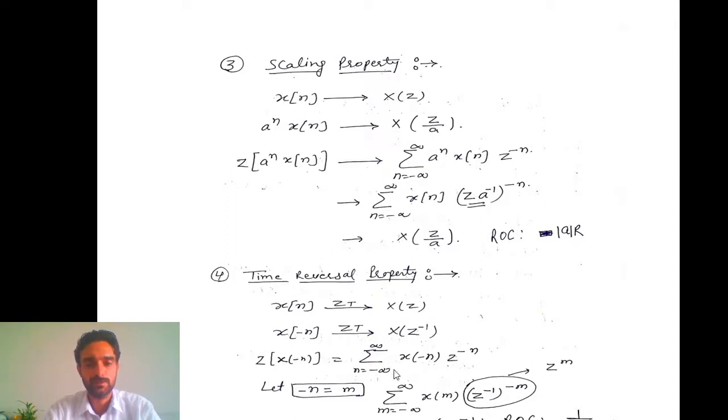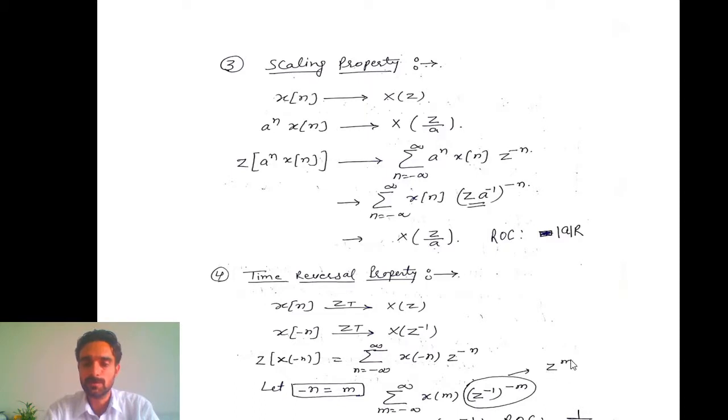How can we prove this property? The z transform of x of minus n is the sum of x of minus n z to the power minus n, with the range from minus infinity to infinity. If we substitute minus n equal to m, then n equal to minus infinity gives m equal to plus infinity, and n equal to plus infinity gives m equal to minus infinity. These two terms are equal.